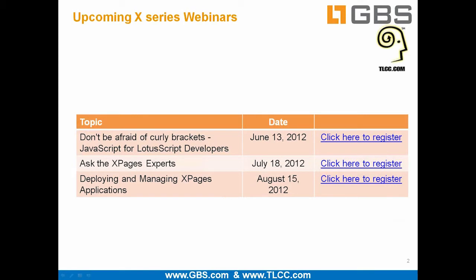In June, we have Stefan Wissel from IBM, who is going to be doing a presentation where he talks about JavaScript, not only in the XPages context, but also how it can be used more as the language itself, and some interesting things about JavaScript, which is good for not only beginners, but also for those who have been doing it for a while, because he does get into some more advanced things in working with JavaScript.